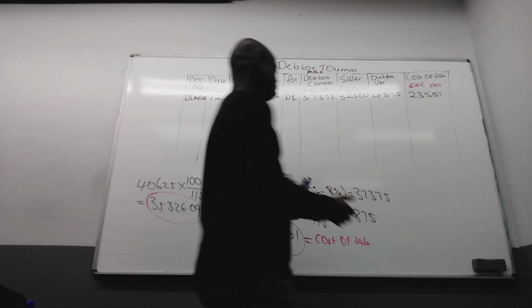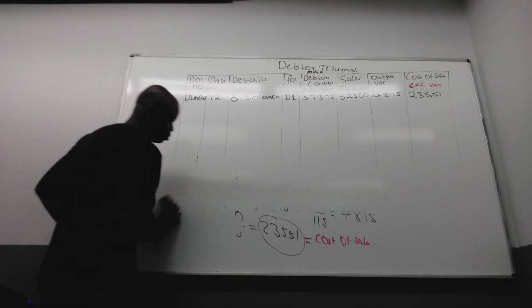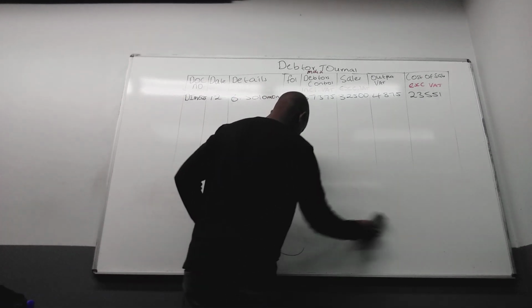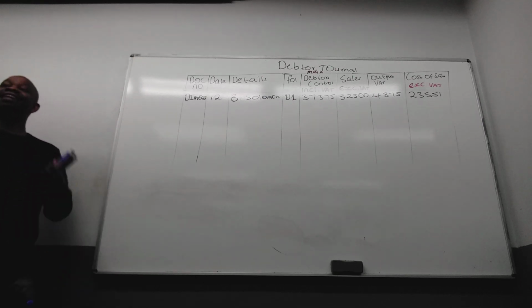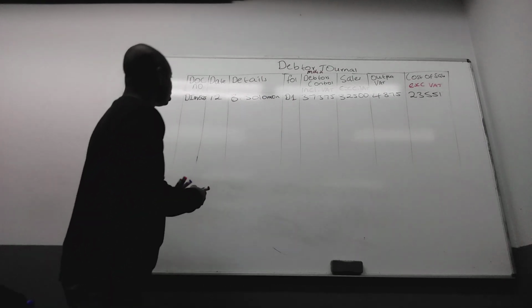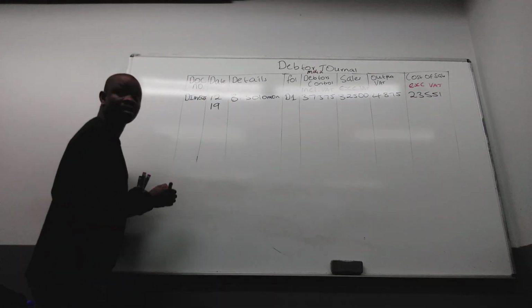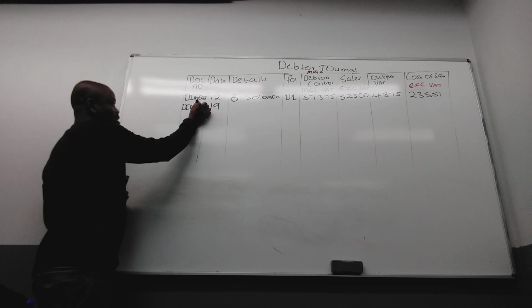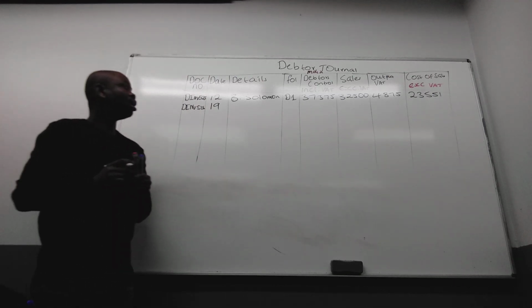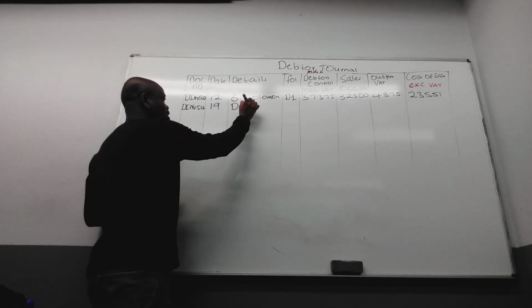Can I erase? Now, what is the next date? The 19th. The source document is DINB 526.